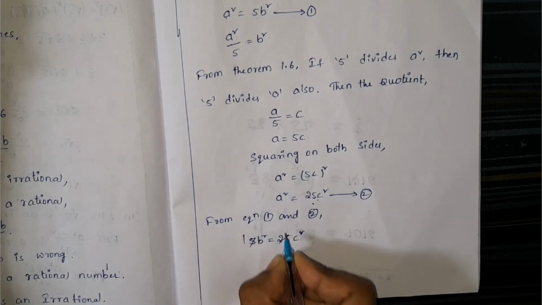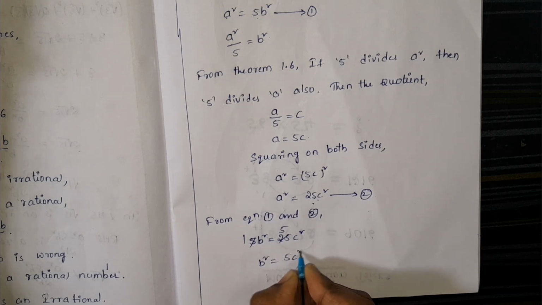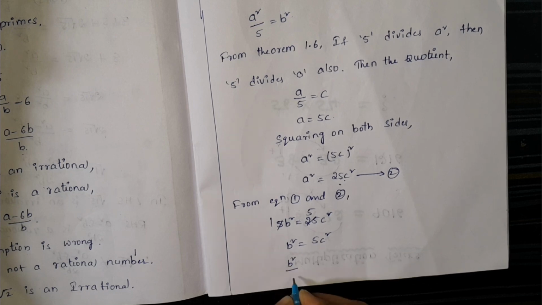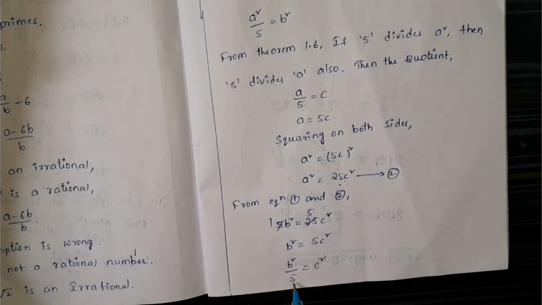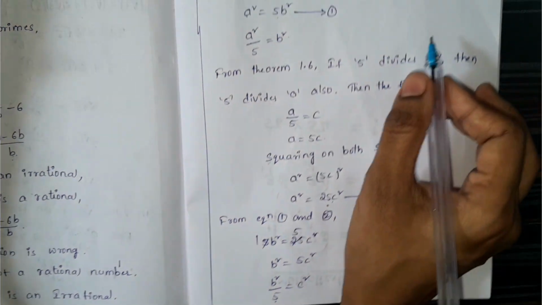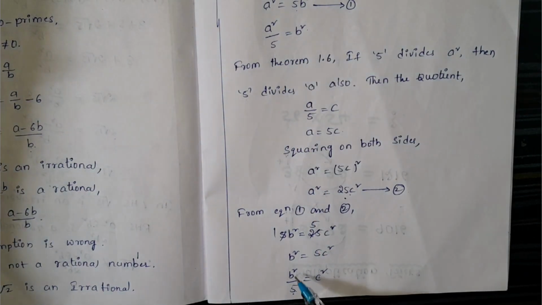Here 5 1s are 5, 5 5s are 25, right? b square equals 5c square. Here again transpose 5, b square by 5 equals c square. Here also, according to theorem 1.6, 5 divides b square, and previously 5 divided a square, so here 5 divides b square and b.